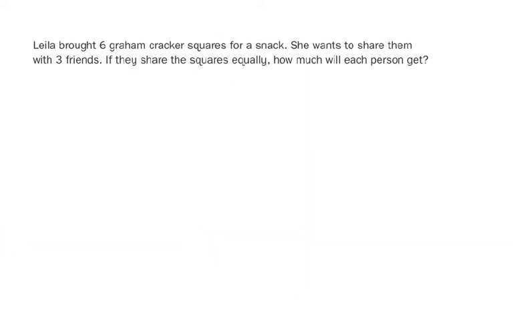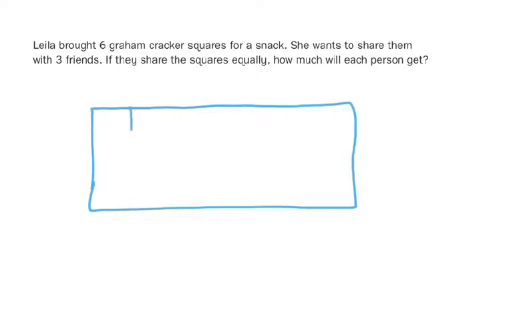All right, let's try another one. Lila brought 6 graham cracker squares for a snack. She wants to share them with 3 friends. If they share the squares equally, how much will each person get? So let's draw her 6 graham cracker squares, right? 1, 2, 3, 4, 5, 6.